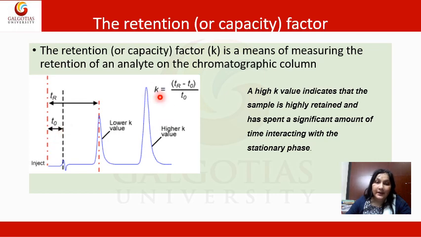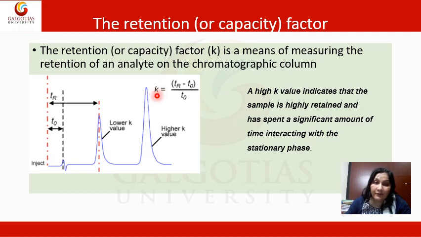So here k can be written as tR minus t0 by t0. If tR is greater, then your k will also be greater. Suppose in a chromatographic system you are getting t0 as 1 minute and tR as 10 minutes.